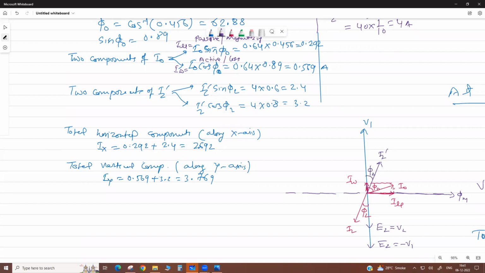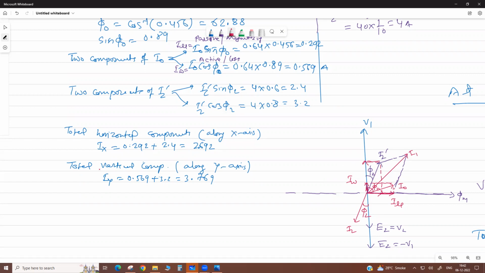But now the vector sum of these two currents will give you this I1. Now similarly, as with I naught, we resolve this I2 dash also into horizontal and vertical components.